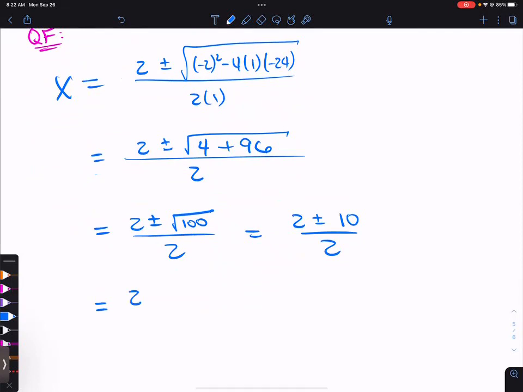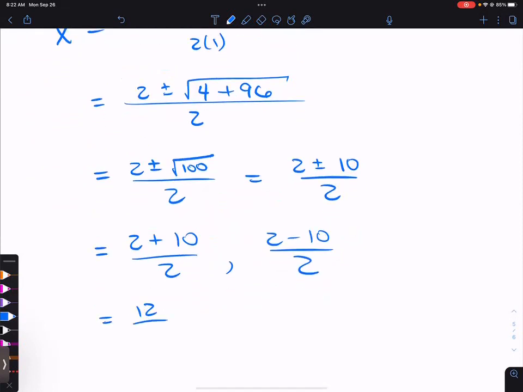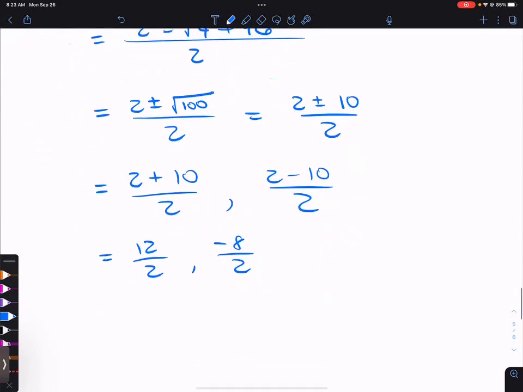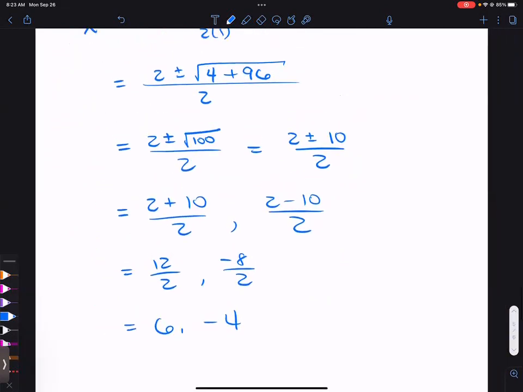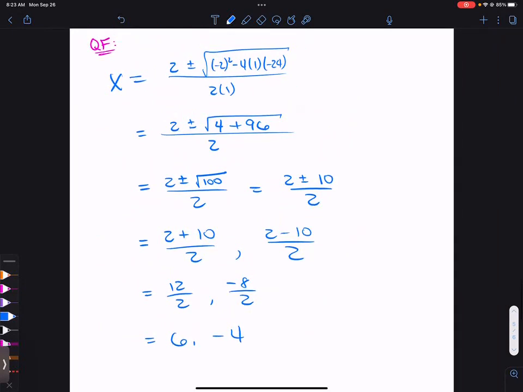Now at this point, for simplifying, I would split up into the positive and the negative version of that. 12 over 2, negative 8 over 2, so 6 and negative 4. There you go. So 6 and negative 4.